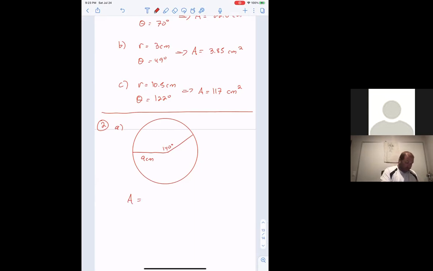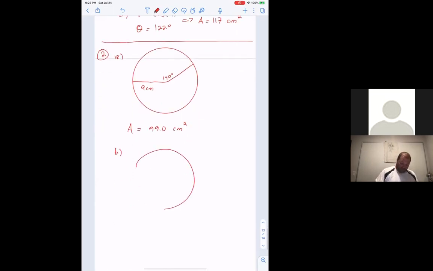Pause, whatever. Pi times 81 times 140 over 360. 99.0 square centimeters.